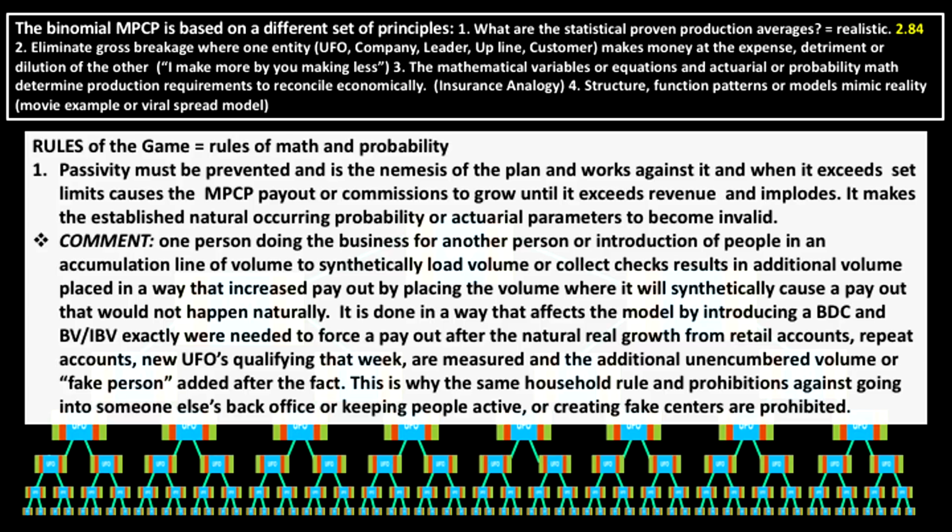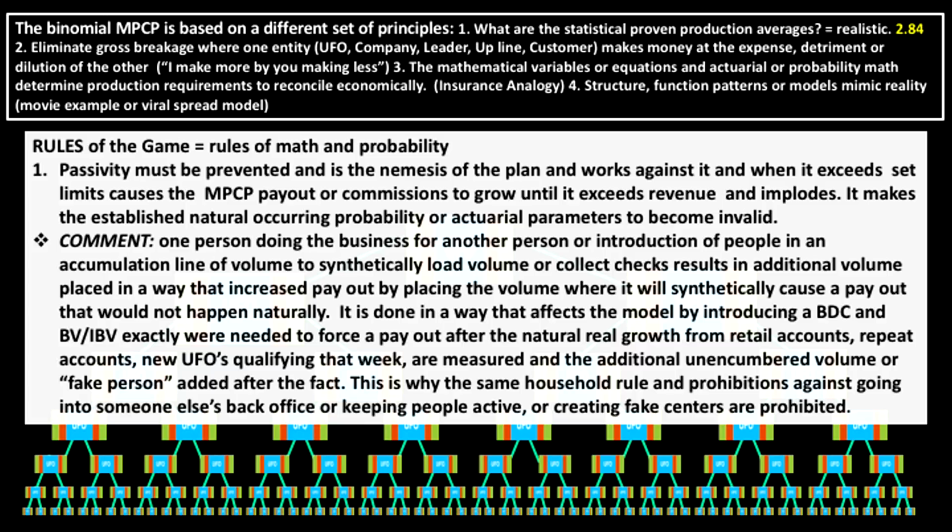So one person doing the business for another person, or the introduction of people in the accumulation line of volume to synthetically load volume or to collect checks, results in additional volume placed in a way that increases payout, placing the volume where it will synthetically cause a payout that would not happen naturally.